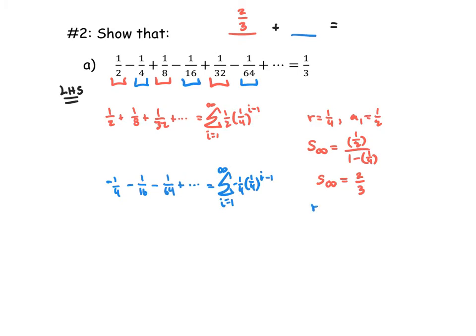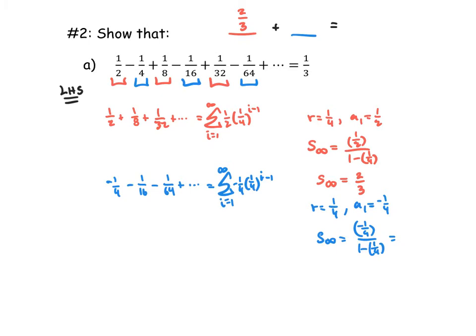So for this sum, if r equals positive 1/4 and my first term equals -1/4, the summation to infinity will equal the first term, -1/4, over 1 minus the common ratio.